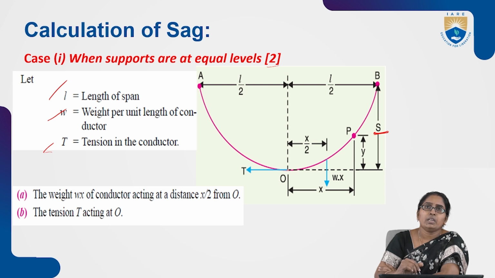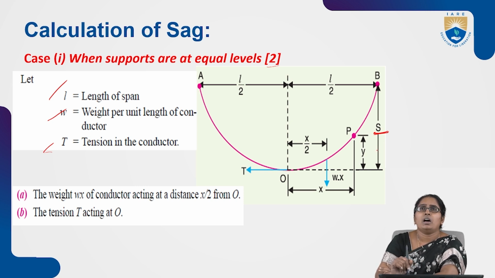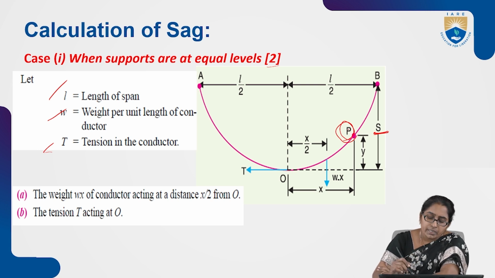The lowest point here is O. So the sag is S, and now they consider a point P along the length of the conductor, having coordinates x, y.